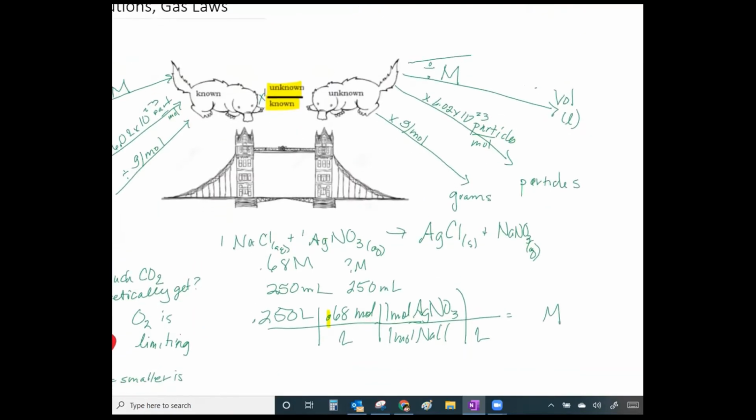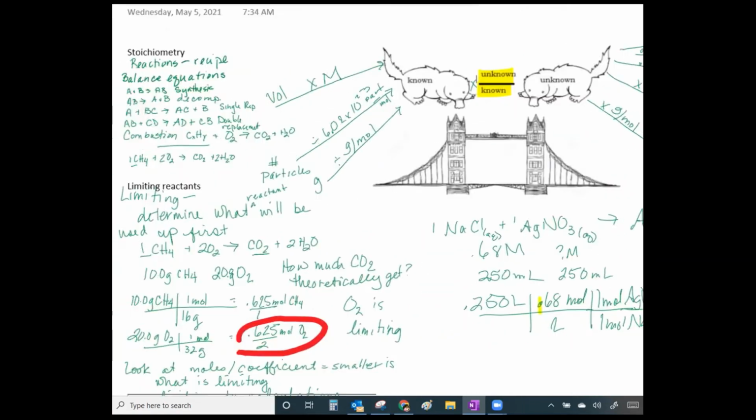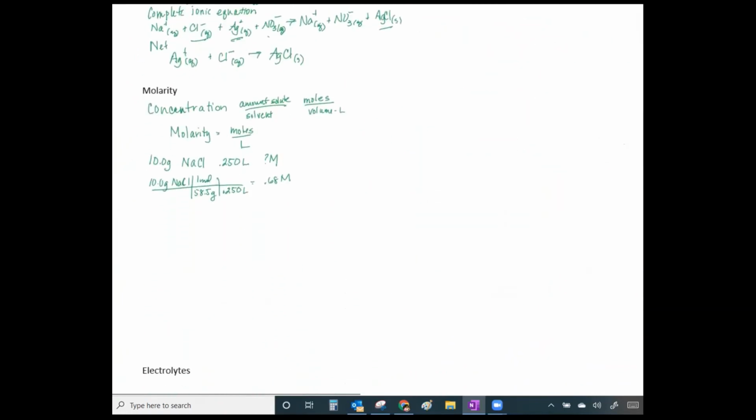So I'm going to put another arrow on here. Divide by volume. Okay.